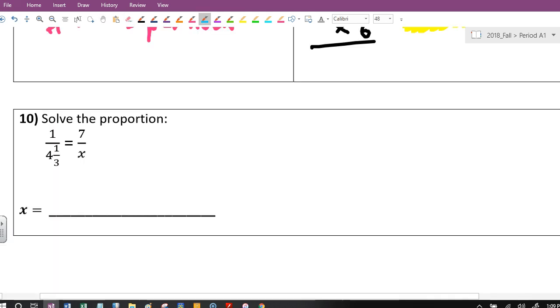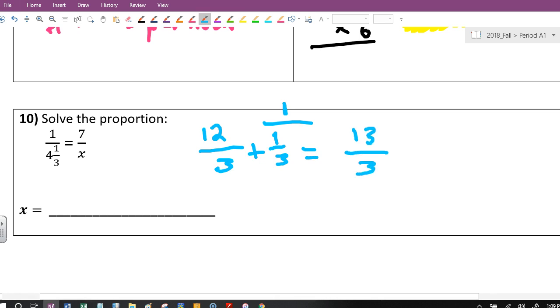So I'm going to change it into an improper fraction. So how do we do that? 4 1/3. So 4 times 3 is 12 thirds. And we also had 1/3 left over too. So what do we have? 13 thirds.